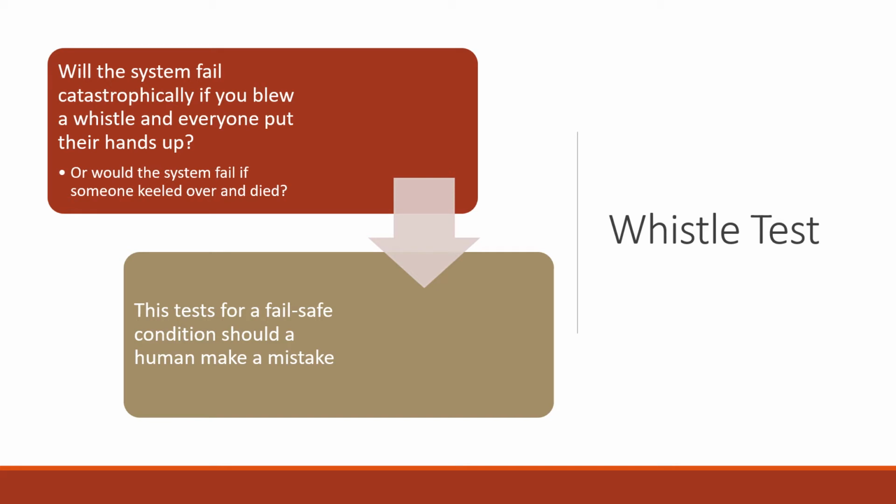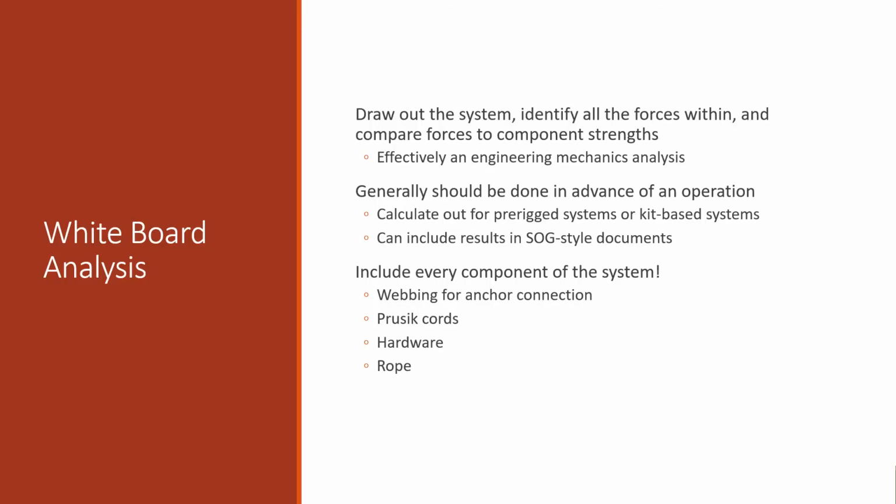If I'm not paying attention and let go of the descent control device and I don't have that Prusik, the rope could just run through freely. If I have that Prusik on the end of the DCD, it'll catch the load. Okay, guy falls a foot, but no big deal. Have that fail-safe condition if someone is making a mistake or not paying attention, because those things totally happen.